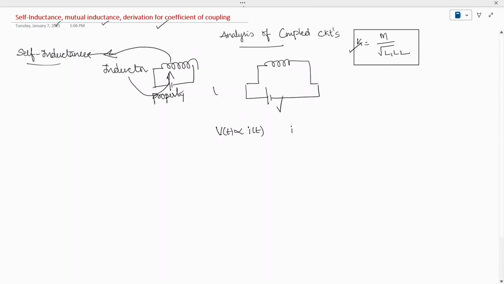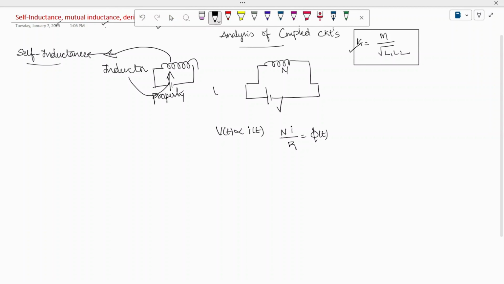This I amperes of current flows into N number of turns in the coil, and divided by the magnetic reluctance of this coil, it is going to generate a magnetic component called flux. This flux will move along the path shown.